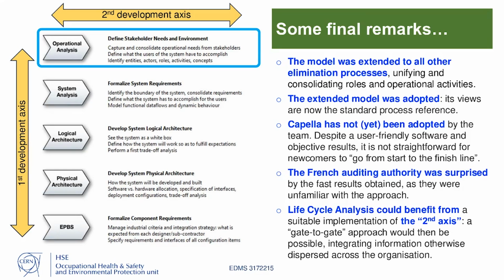And I discovered that actually we are always doing the same thing. So these are not different processes, but one and the same process. So I could unify and consolidate the roles and operational activities. And this extended model is now adopted. Its views are now the standard process reference.